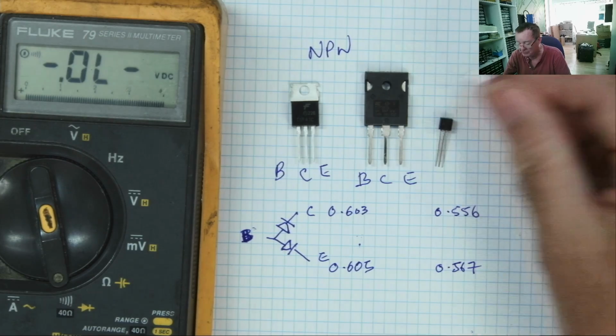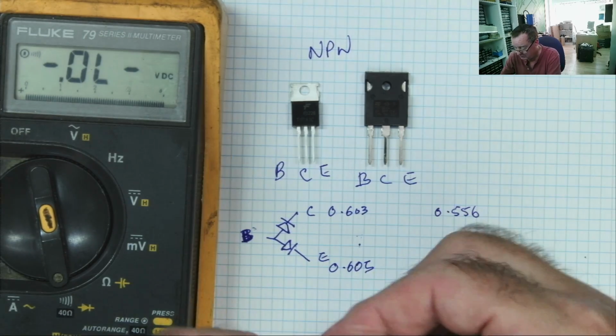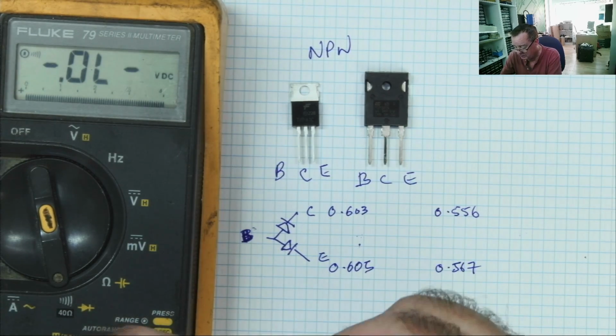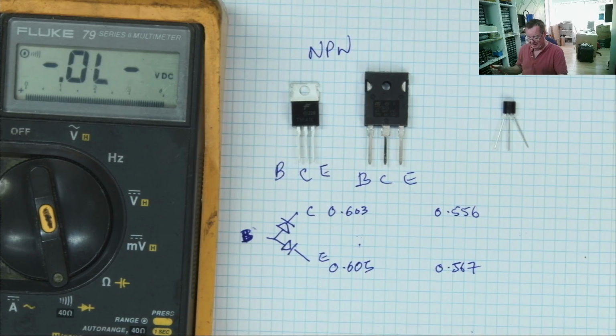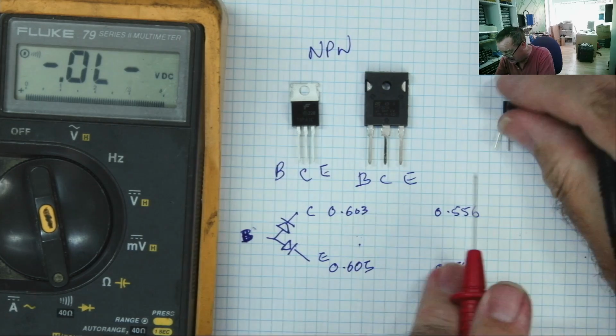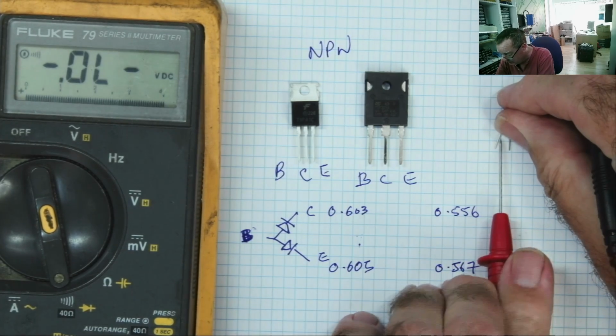Now we know that, let's look at this one. Again, we have three pins, but we don't know which is which. Let's start by assuming that this one is the base.